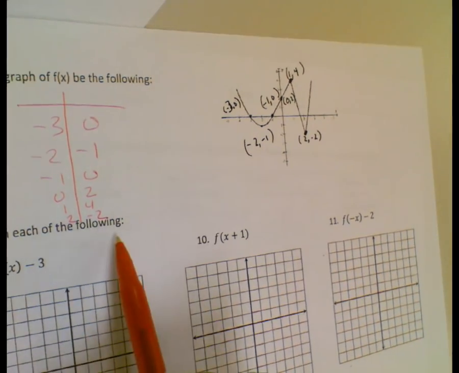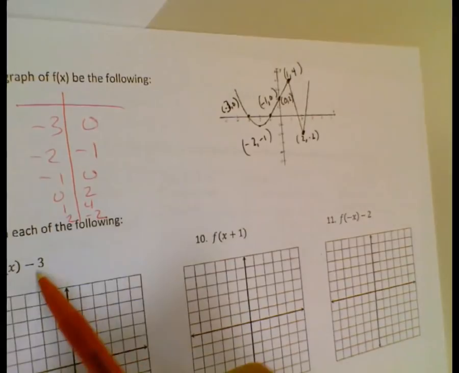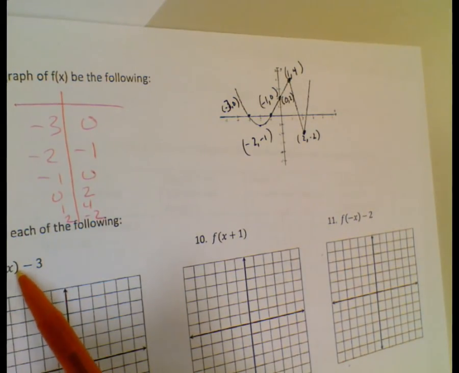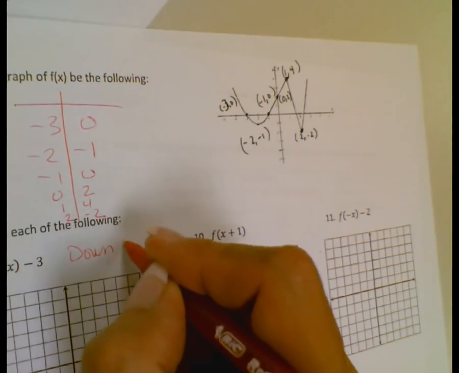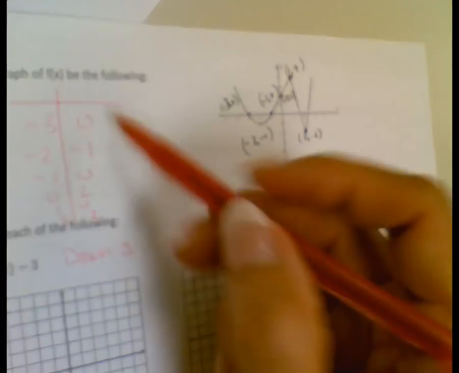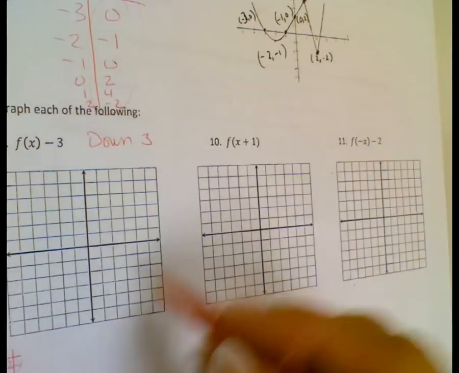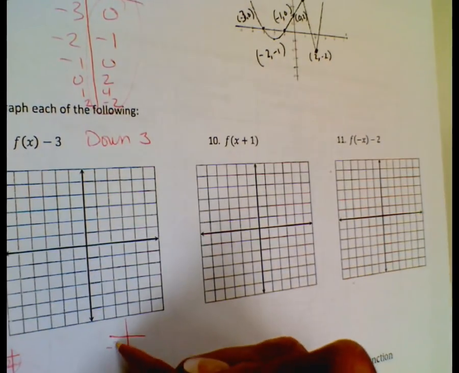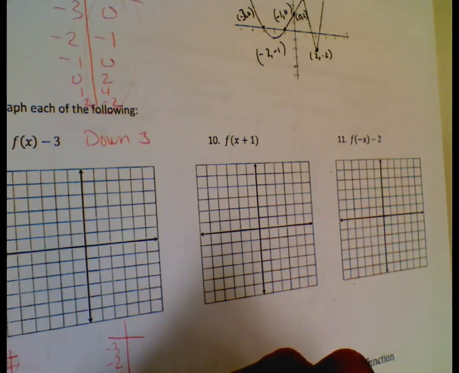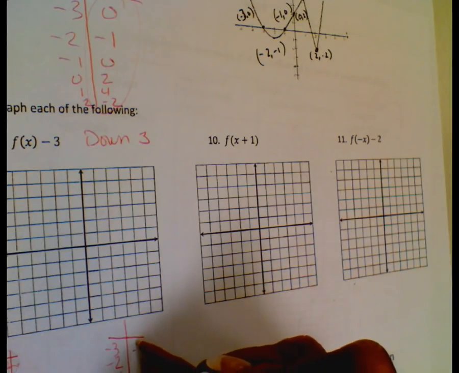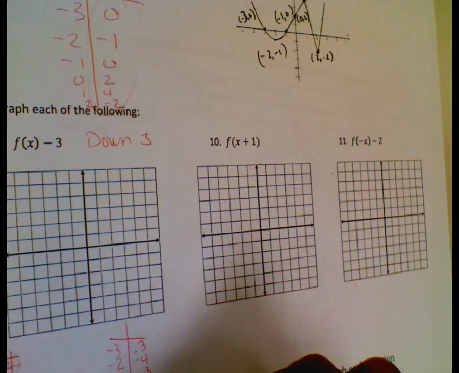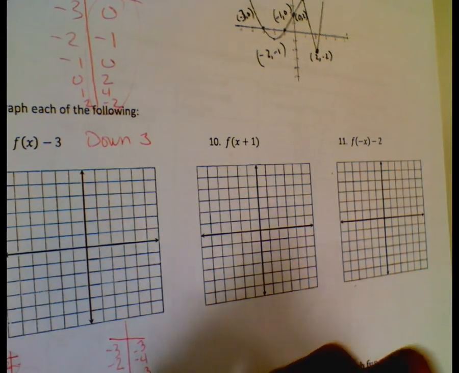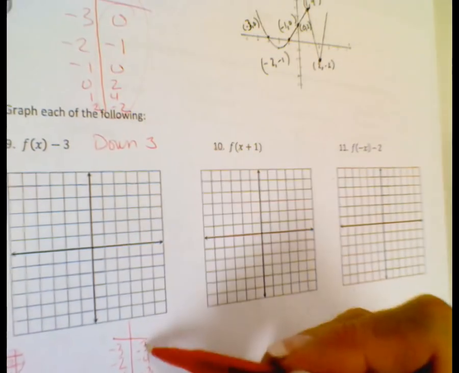It says graph each of the following. Take this function and move everything, what? Since it's not in the parentheses, it's outside, this is down 3. Take each one of these and go down 3. Down 3 means you're changing all these y's by 3. So I want to use the same x's, and subtract 3 from all those y's up there. I subtracted 3 from all of those, and I wrote them here.